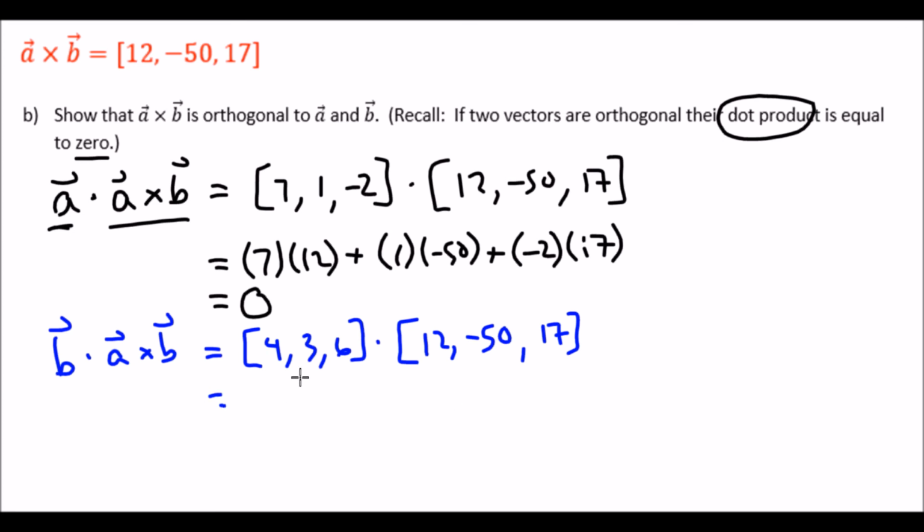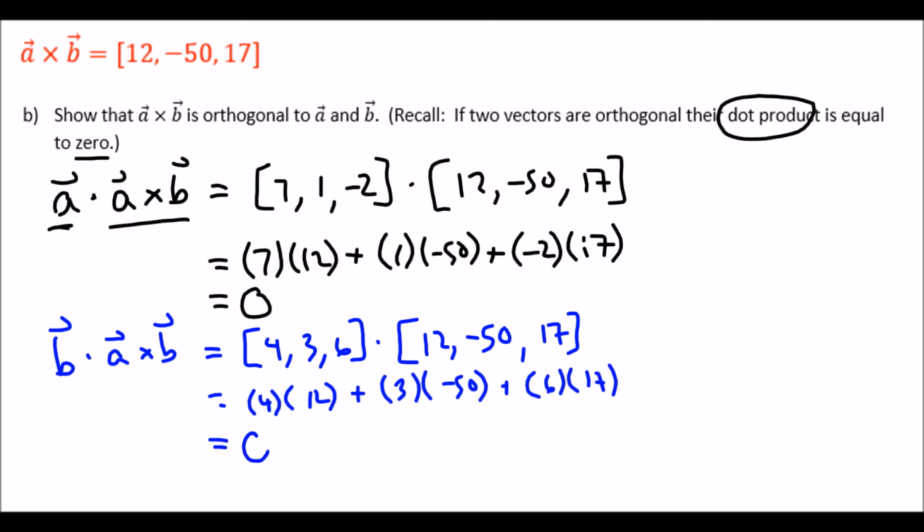So here we go. I'm going to have 4 times 12 plus 3 times negative 50 plus 6 times 17. If I do this, and voila, I get 0 as well. So I've shown that B is orthogonal to A cross B, and A is orthogonal to A cross B as well.